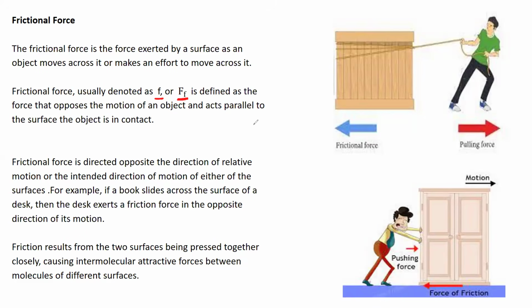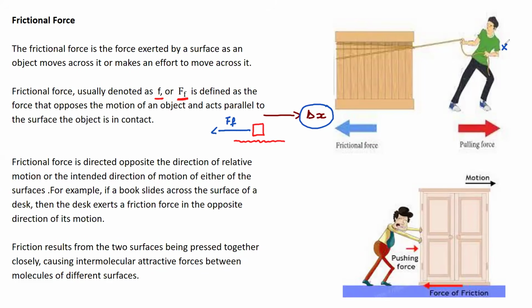Let's do a practical thing. Here's an object. Here is a surface. Let's say the object is moving to the right. So I'll call this delta x the direction of movement of the object. By contrast, the force of friction, small letter f, or my preference, FF, is opposing the motion of an object.